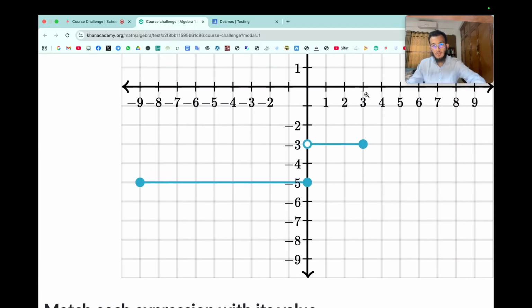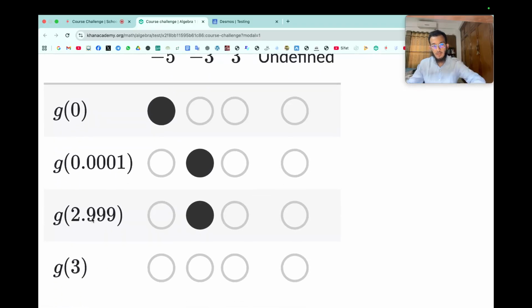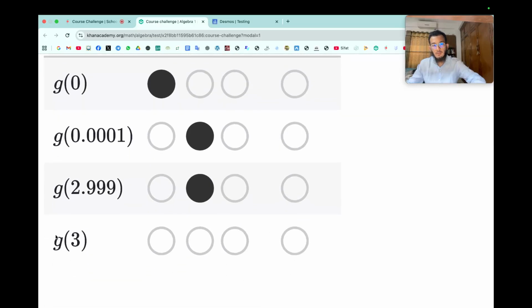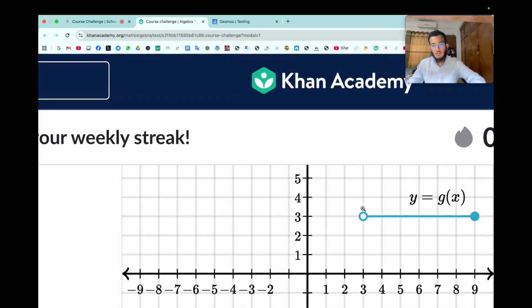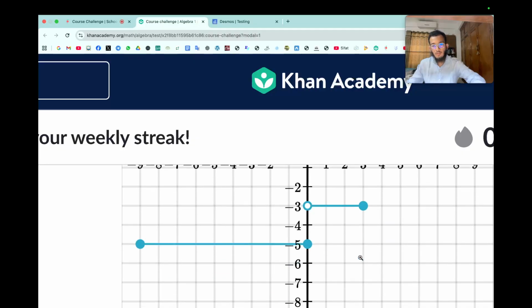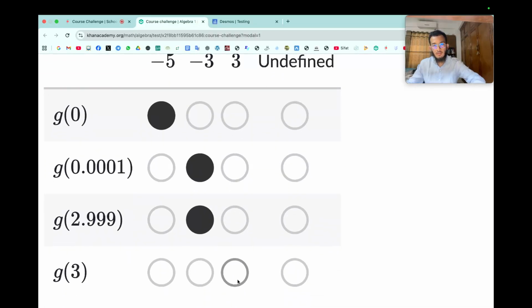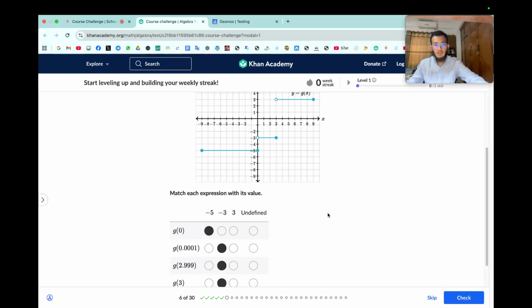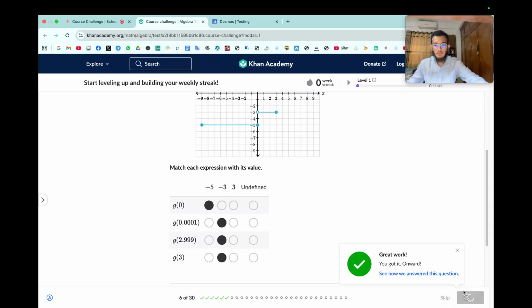For g of 3 we also have -3. So this should be our answer.